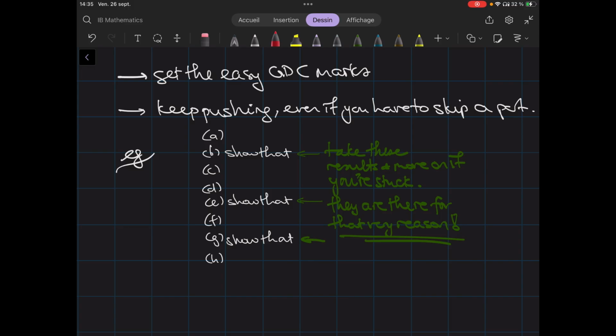Take the results and move on. If you fail to establish the results, take their results and move on. You will lose all of your accuracy marks if you are stubborn and you refuse to take their correct answer in the show-that question.